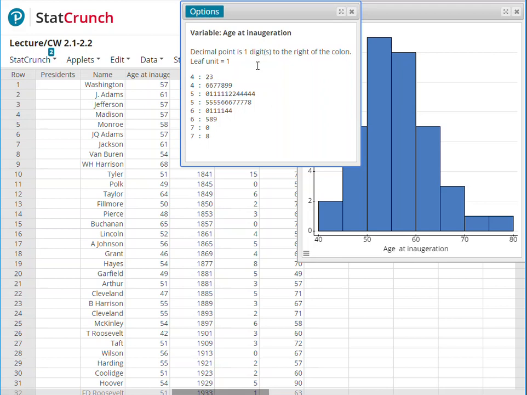So just like in our histogram, we've divided this up into groups of 5, or classes in our histogram's vocabulary. Classes grouped by 5 years of age.